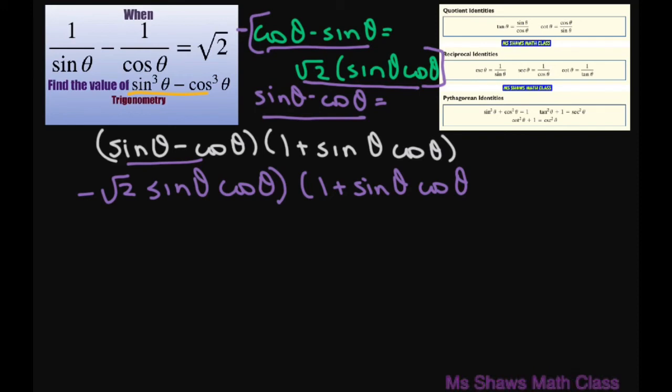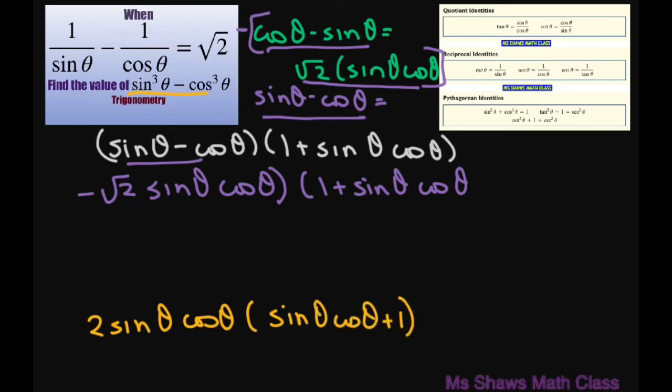Now, by equation 2, equation 2 was 2 sine of theta cosine of theta times sine of theta cosine of theta plus 1, and that equals 1. So looking at that, what we want is to rewrite this from equation 2.